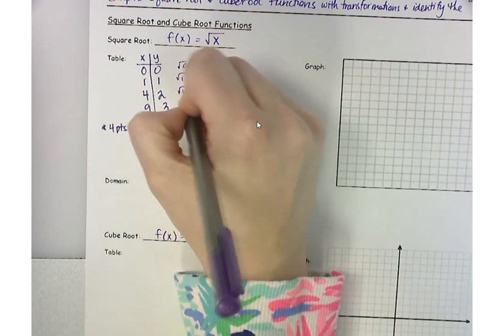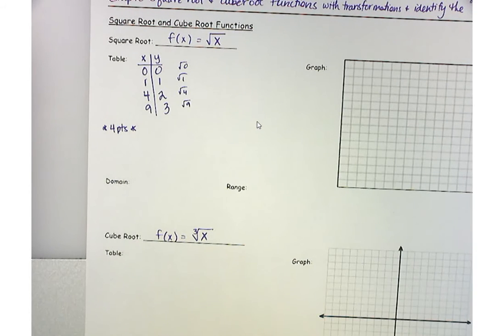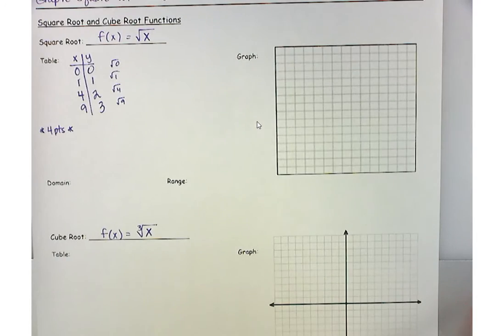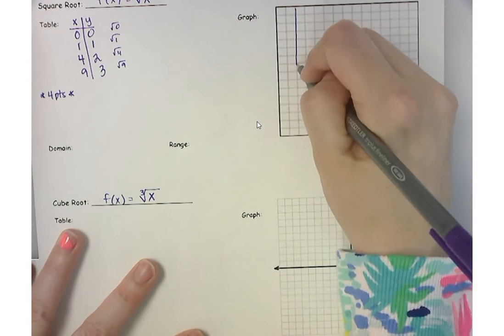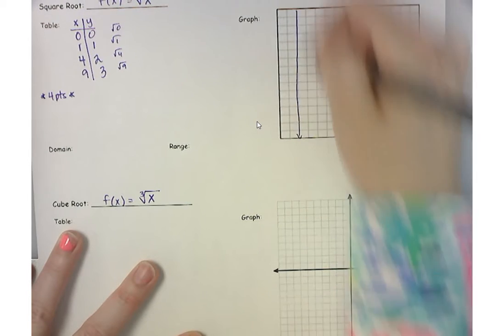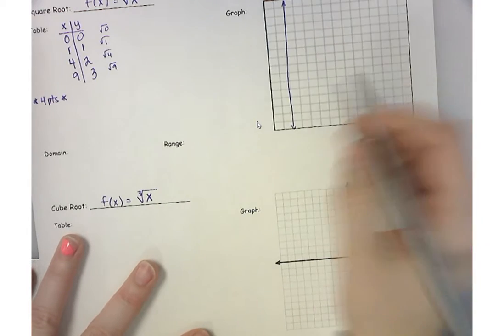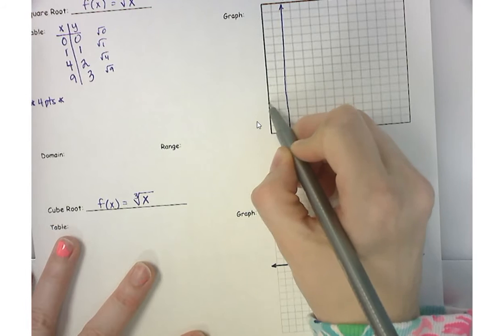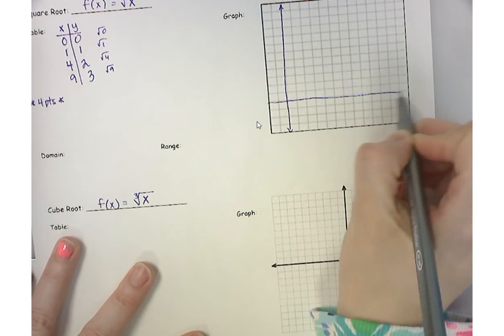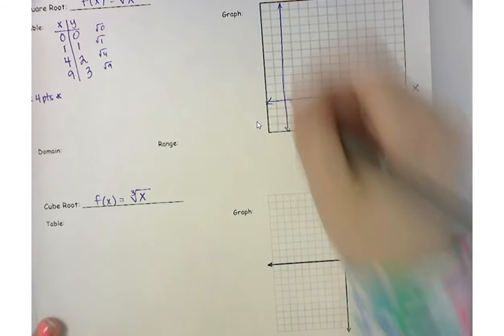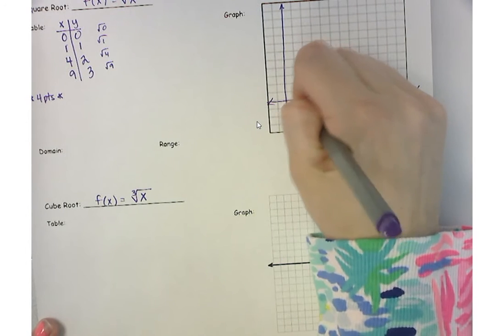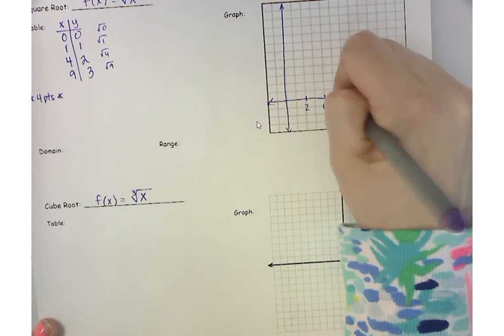Okay, so now we are going to graph those. So I have my y and my x-axis. This would be 2, 4, 6, 8. I'm just going to label that as the 9.